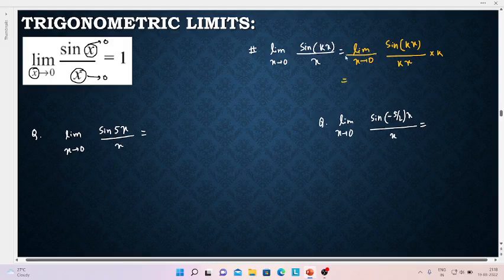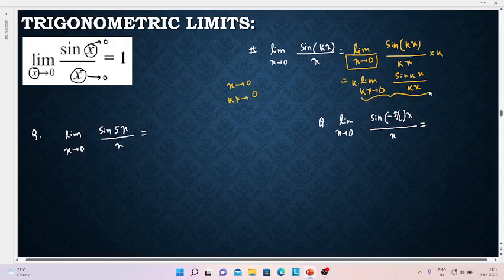As x tends to 0, kx will always tend to 0, because k is a constant term. So it will be k times limit kx tends to 0 of sin kx upon kx, right? Since k is a constant, it will be outside of the limit.